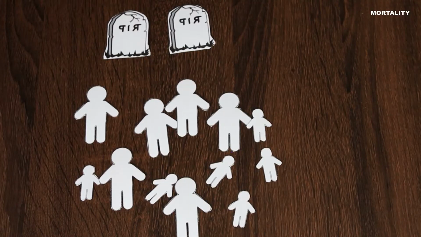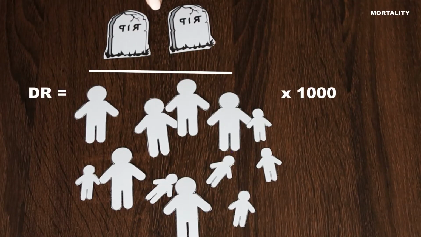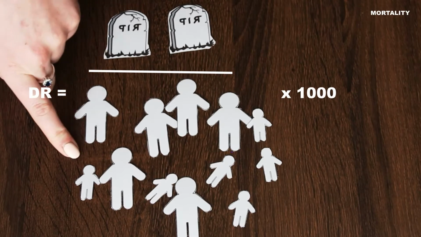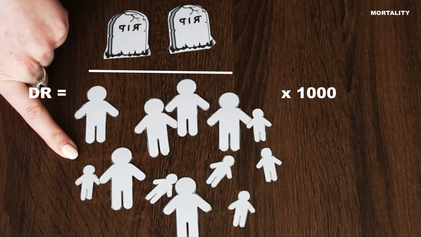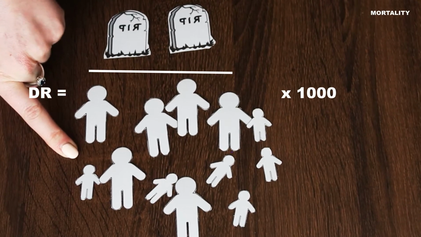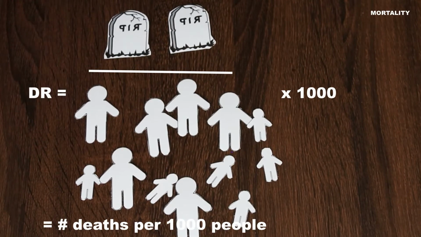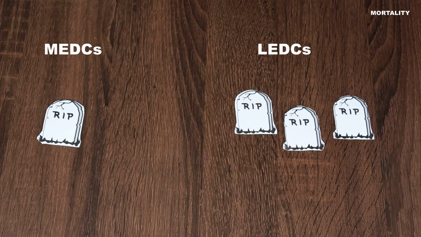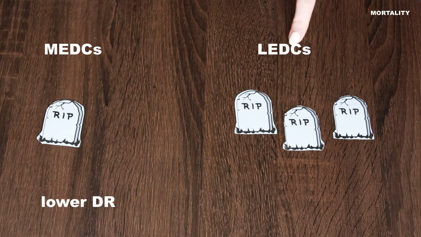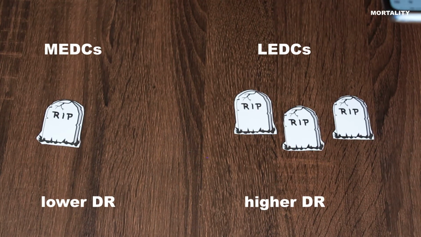To calculate death rate, we have to take the total number of deaths divided by the total population times 1,000, and that will give us an answer in deaths per 1,000 people. In general, MEDCs have a lower death rate while LEDCs have a higher death rate.